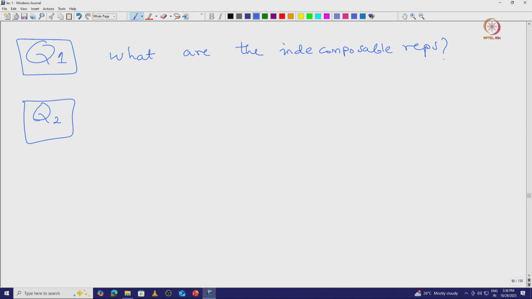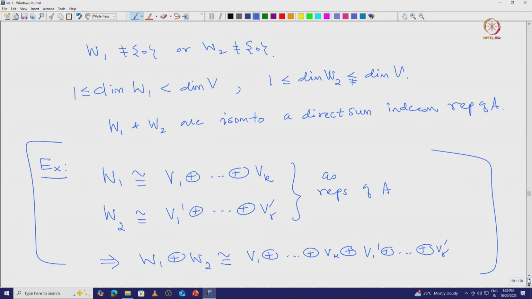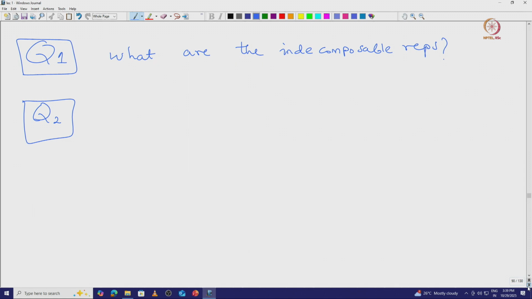We have obtained this decomposition of any finite dimensional representation as a direct sum of indecomposable representations. Okay. So, given a finite dimensional representation of A, that is going to be isomorphic to a direct sum of some finite dimensional indecomposable representations of A.